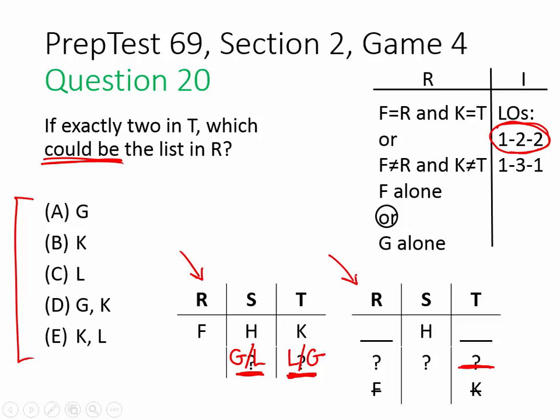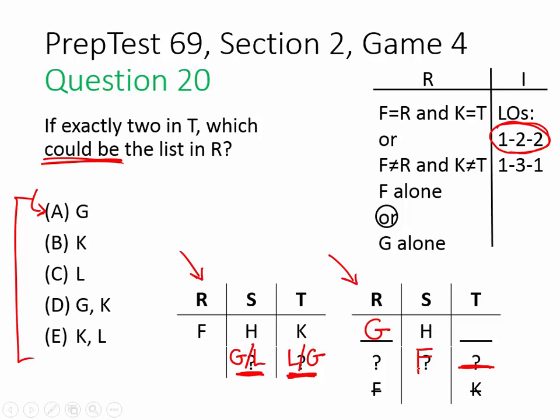So if there are 2 in T, let's see if we can arrange it so that there's only a G in case R. So G, we have our H. G is alone, so F needs to be with somebody. So why don't we place F right there?